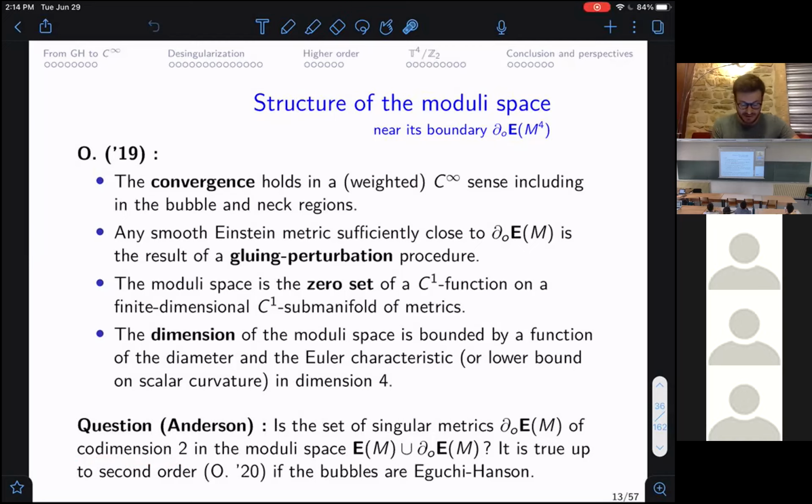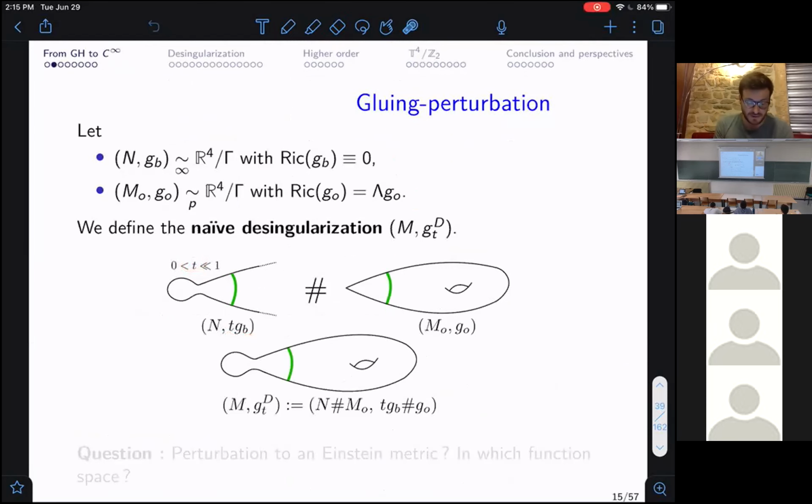Take a small parameter and multiply your Ricci-flat metric by it. Well, you end up with two metrics which are close to a cone here. And in particular, you can identify some annulus in which the two metrics are really close to each other. And then you can just glue the two metrics together by using a cutoff function on this green region.